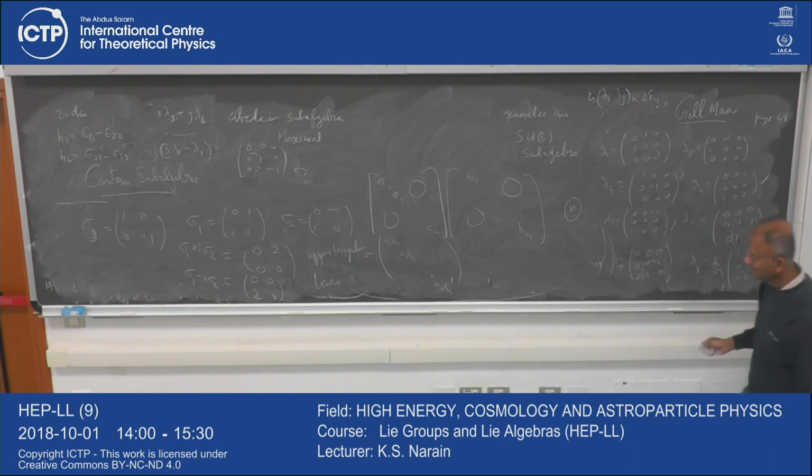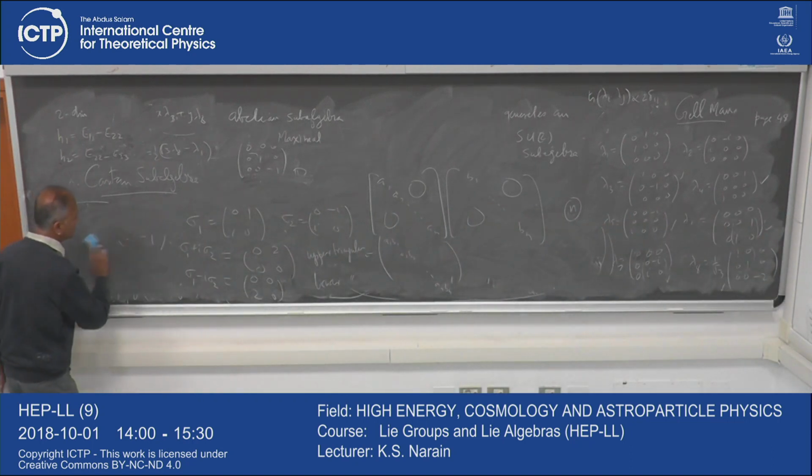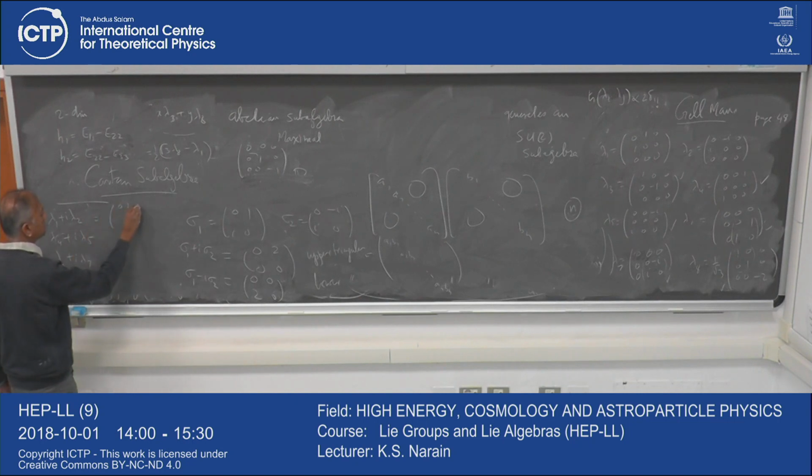Okay. So at the end, by choosing a combination, if I write down these combinations: lambda 1 plus i lambda 2, and then we had lambda 3, lambda 4 plus i lambda 5, and lambda 6 plus i lambda 7. All of these guys, this will be 0, 1, 0, 0, 0, 0, 0, 0.